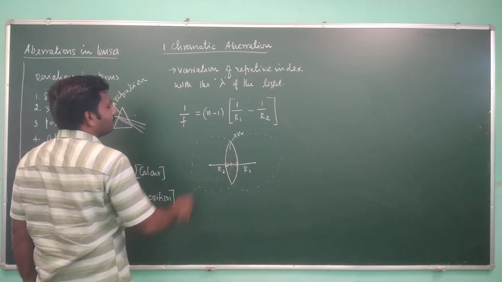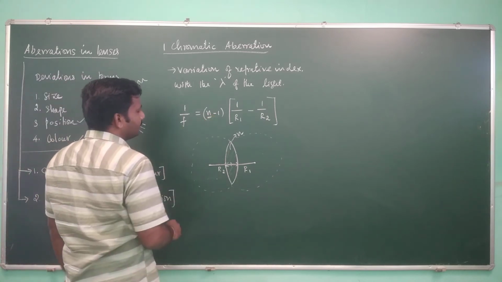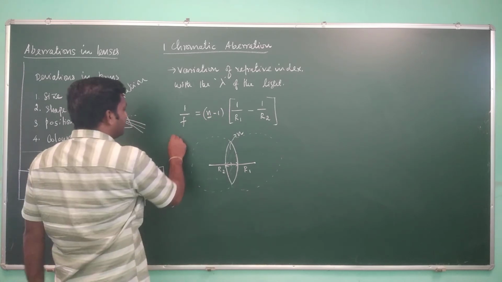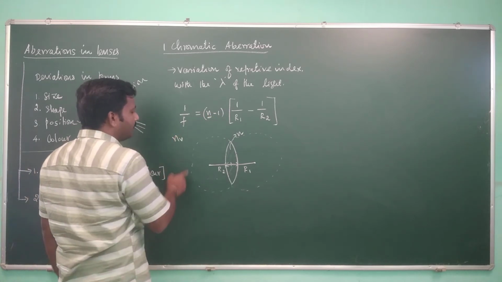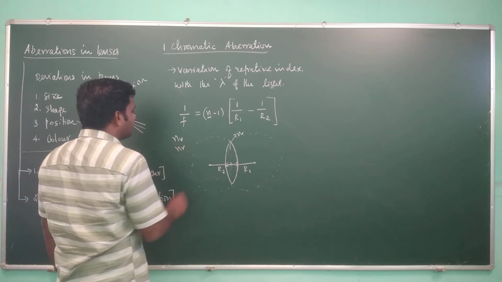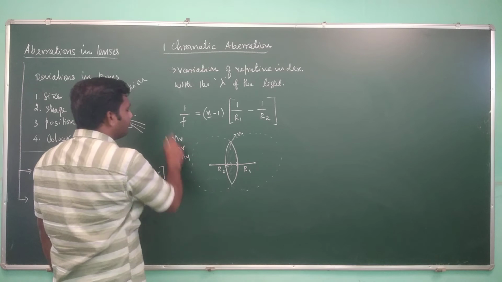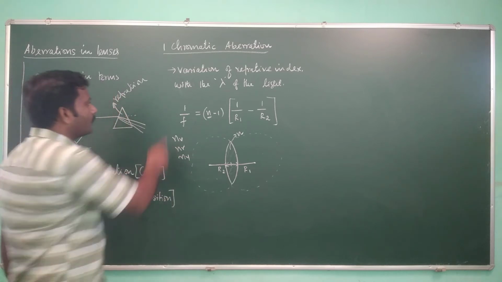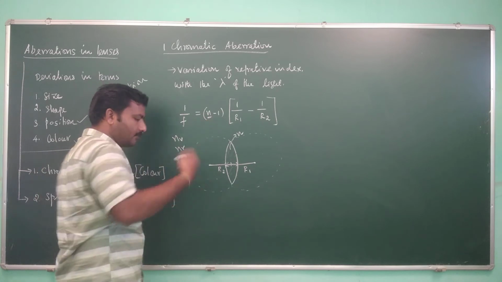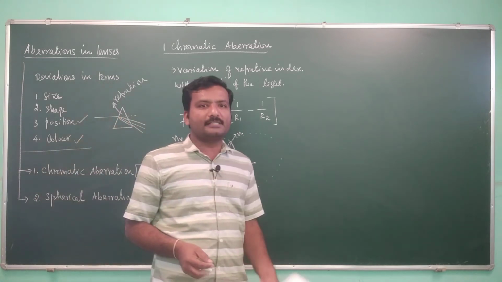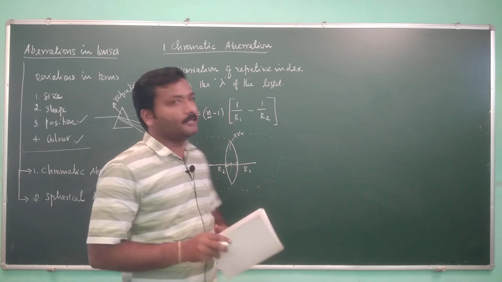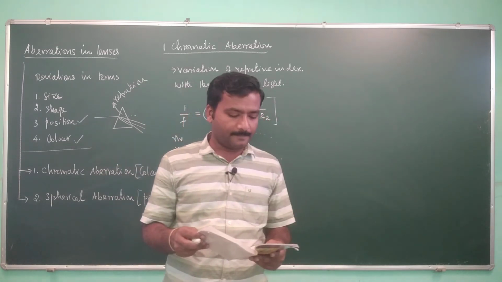Now you see this n will vary for different colors. n becomes nV if you pass violet color, nR if you pass red color, and nY if you pass yellow color. So 1 by f will be different for different colors, because the refractive index varies. That's why chromatic aberration occurs.